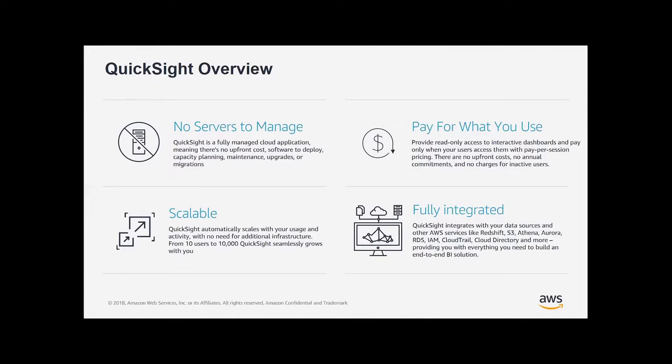A lot of our customers have a report that needs to go out to a couple thousand users. They know a couple hundred of them are going to be very active every day, but there's a long tail of users who they need to give access to these reports, but they're not quite sure how active and frequently they're going to access them. So they don't want to necessarily pay the same for someone who looks at it every day and someone who looks at it once a month or once a week. So that's where we came up with this model.